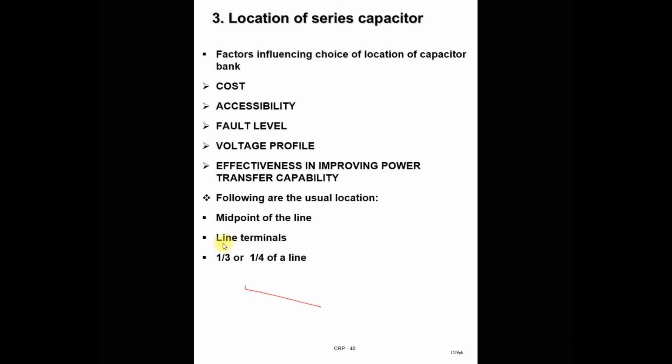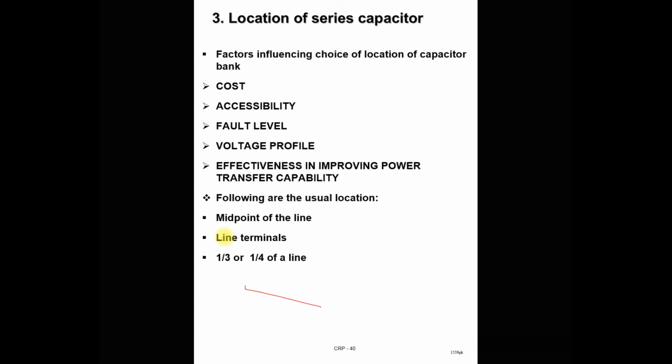The second method is the line terminal. If you split the compensation, meaning whatever size of capacitor bank is required is split into two parts, one at one end of the line and the other part at the other end, then the accessibility and availability of the service station is available for the series capacitor.